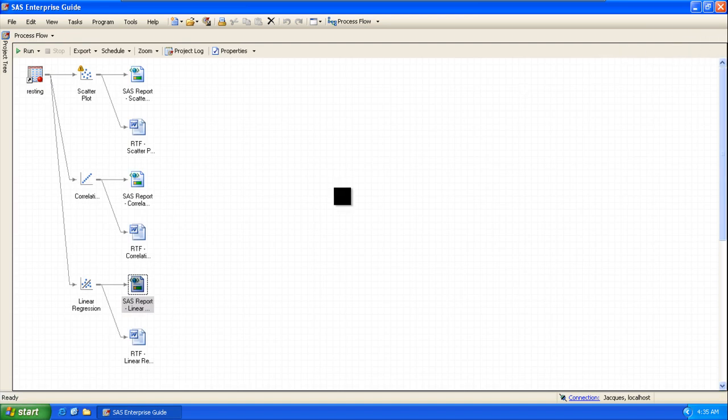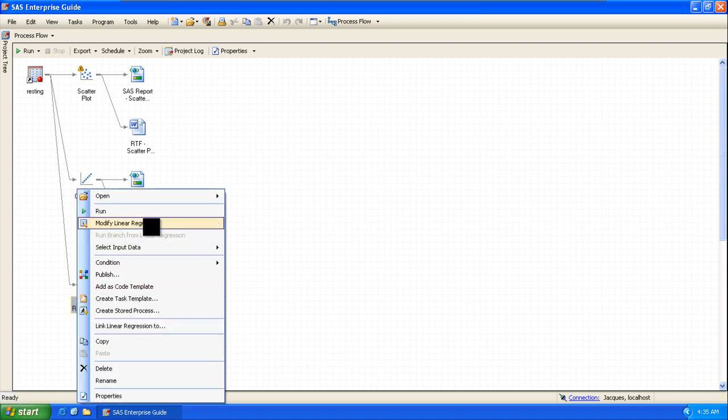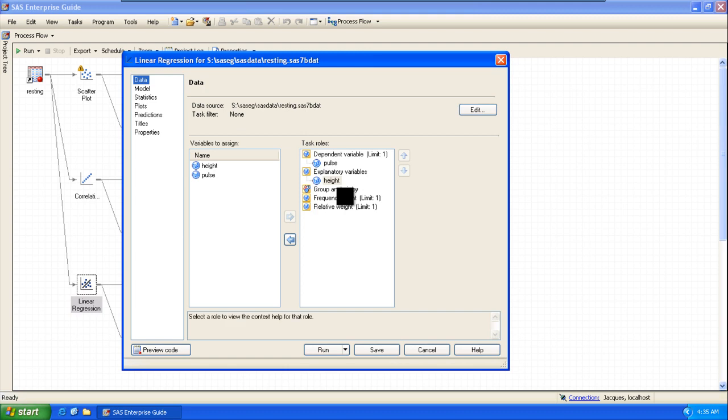Now we take another analysis through this one. Use linear regression. Just reopen, modify this one. See, here is the plot.